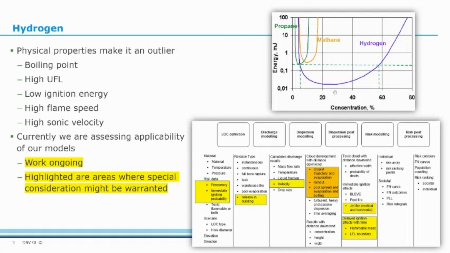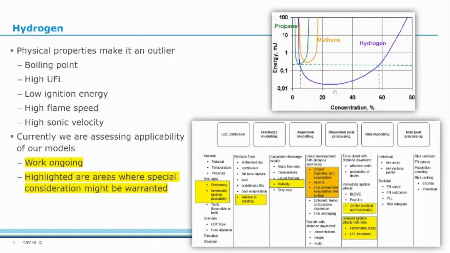And then we come to liquid hydrogen. What about all the aspects of liquid modeling? Rain out, pool spreading and so on. They're not validated for hydrogen. And there's also the question of, is the very low temperature of the hydrogen going to affect the air and cause some strange effects there with solidification of elements of air?